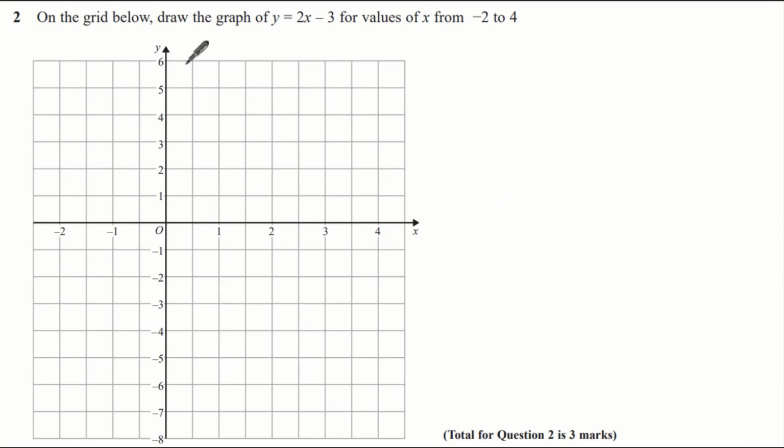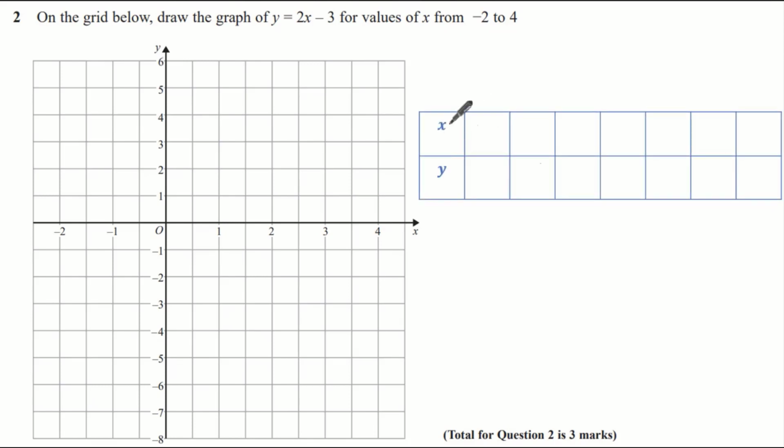Question 2 says, on the grid below we're asked to draw y equals 2x minus 3 for all values of x from minus 2 to 4. There's a few different ways to do this. For me, I'm going to draw a table. The x values have to go from minus 2 all the way to 4.